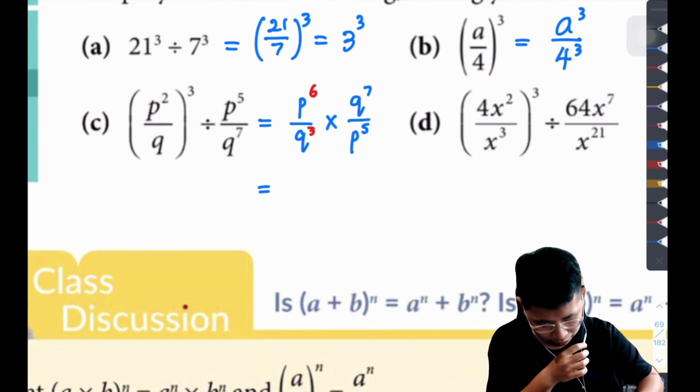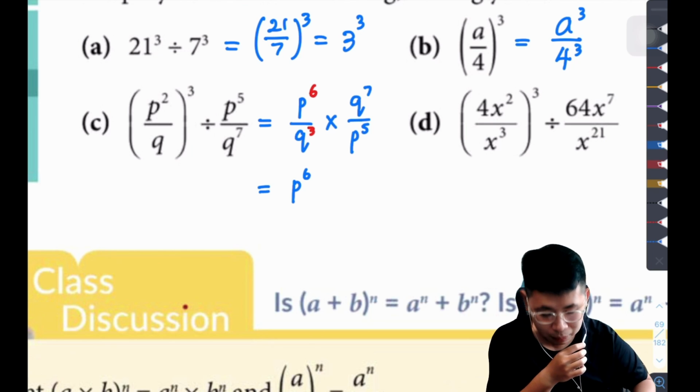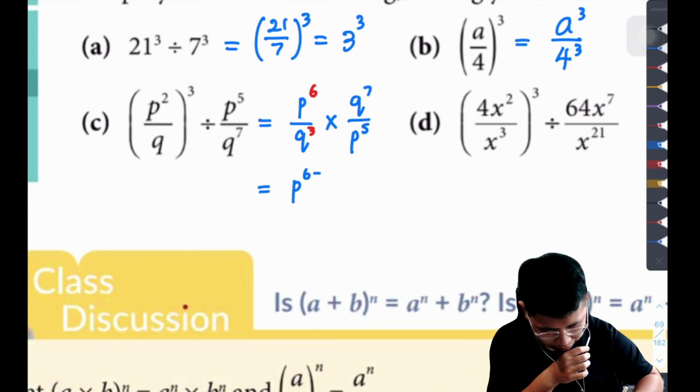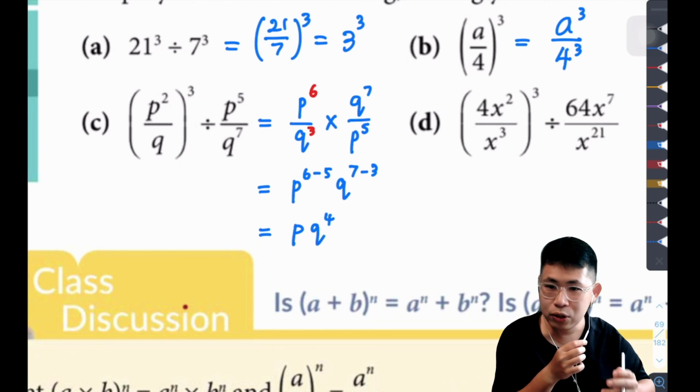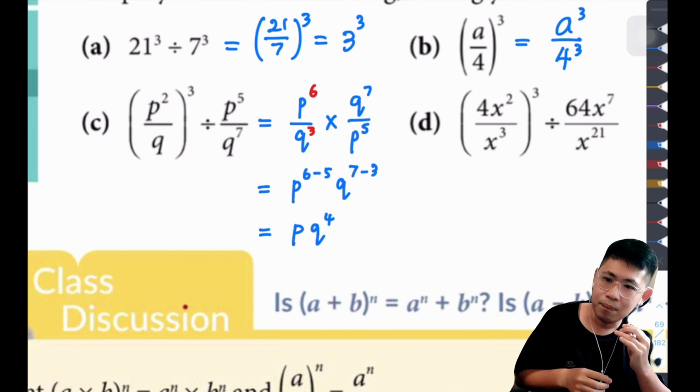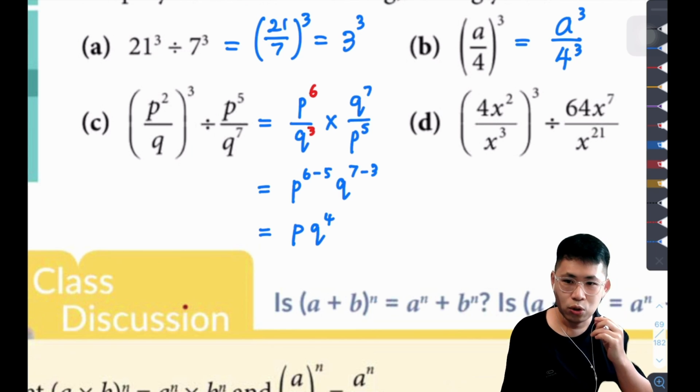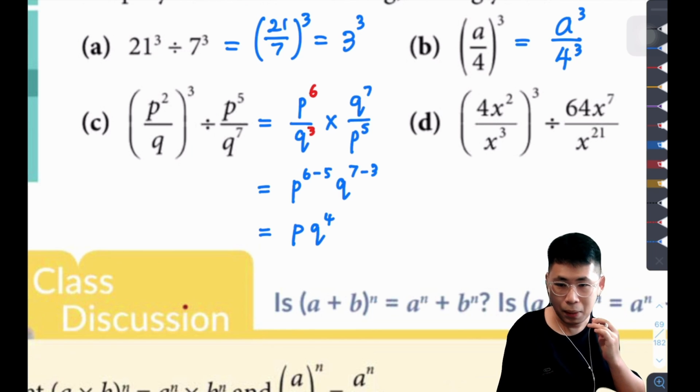On top we have p to the power 6. At the bottom we have p to the power 5, so I need to minus 5. I have q to the power of 7 on top. I need to minus 3 from below. So I have p to the power of 1 and q to the power of 4. And we don't need to write power of 1, we just leave it like that. Okay, so p, q to the power of 4. So this is for part C.